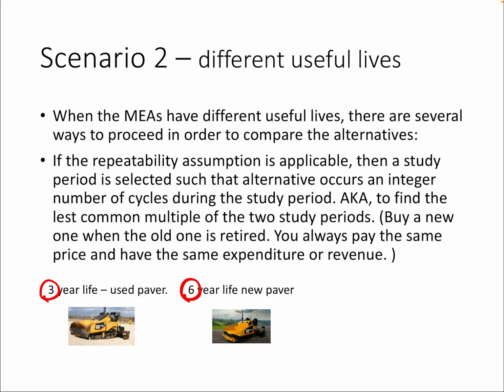So if the repeatability assumption is applicable, for example, for the 3-year used paver, when it's at the end of its useful life, you just pay the same price to buy a similar second-hand paver, which is also good for 3 years. That's what we call the repeatability assumption.